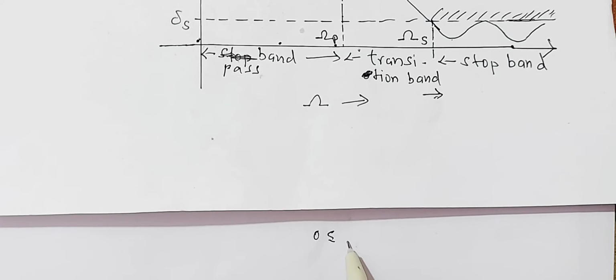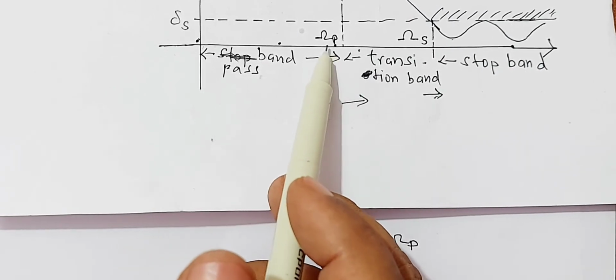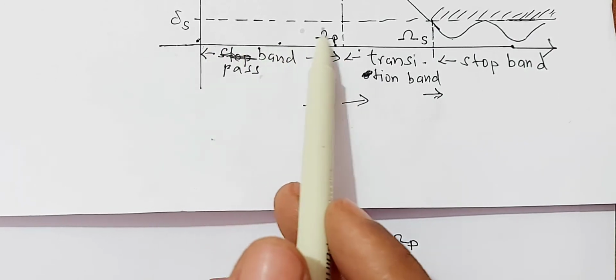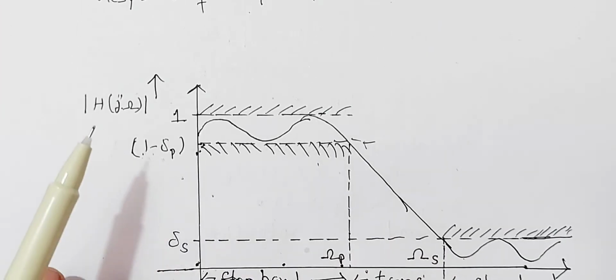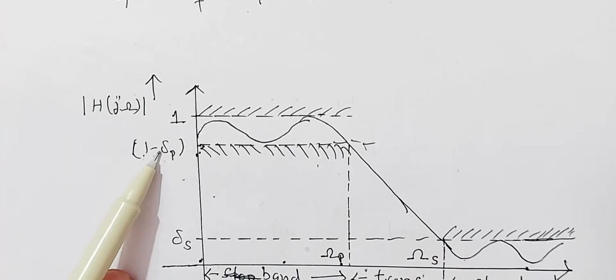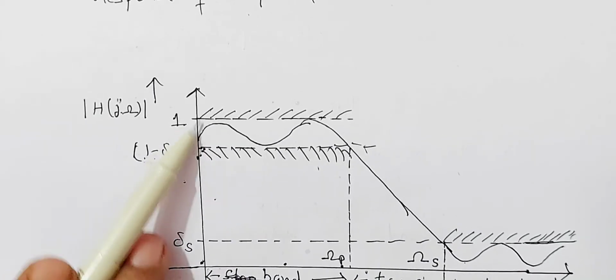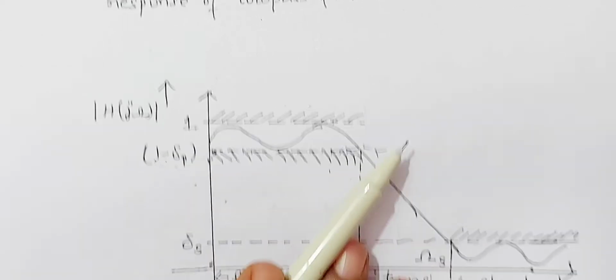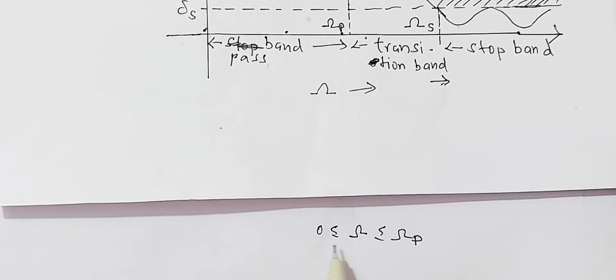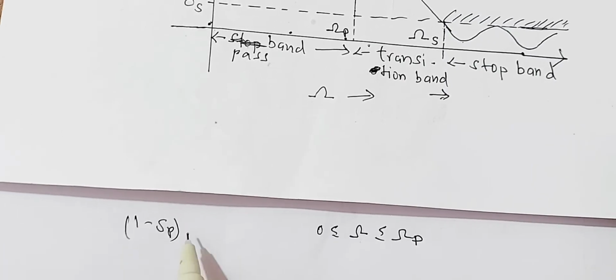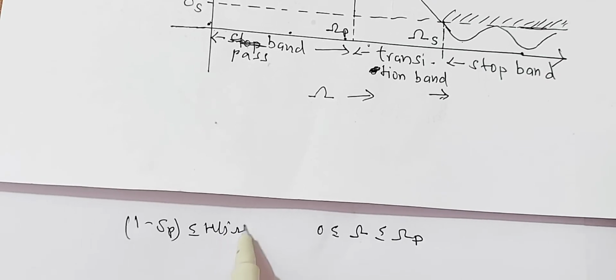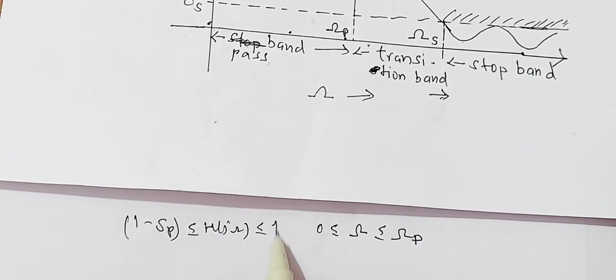Omega p is called the pass band frequency, up to which the output voltage is passed. And what is the value of the output voltage, that is, the value of H of j omega? 1 minus delta p to 1. Up to this, it is allowed. Therefore, 0 is less than or equal to omega, which is less than or equal to omega p. For this, the value of the magnitude frequency response is 1 minus delta p, which is less than or equal to H of j omega, which is less than or equal to 1.